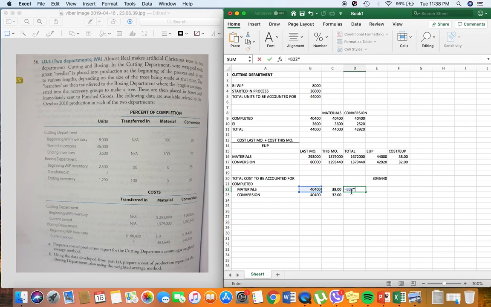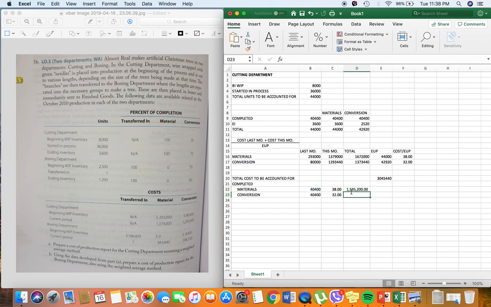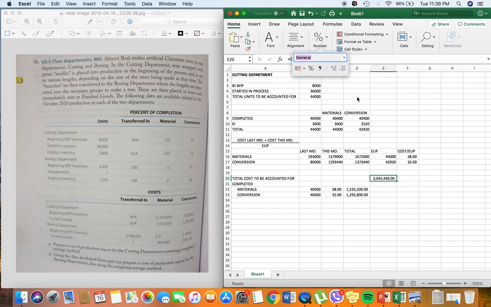So, multiply the EUP by the cost per EUP. The material cost assigned to the completed units is 1,535,200, and the conversion cost assigned to the completed units is 1,292,800.